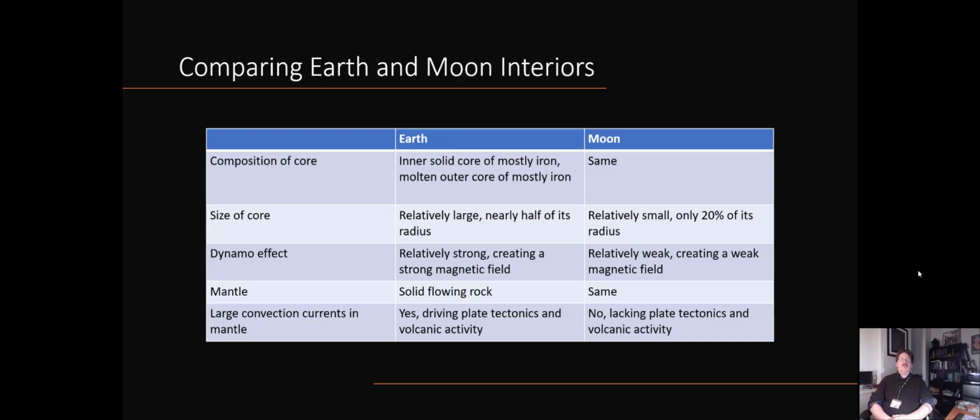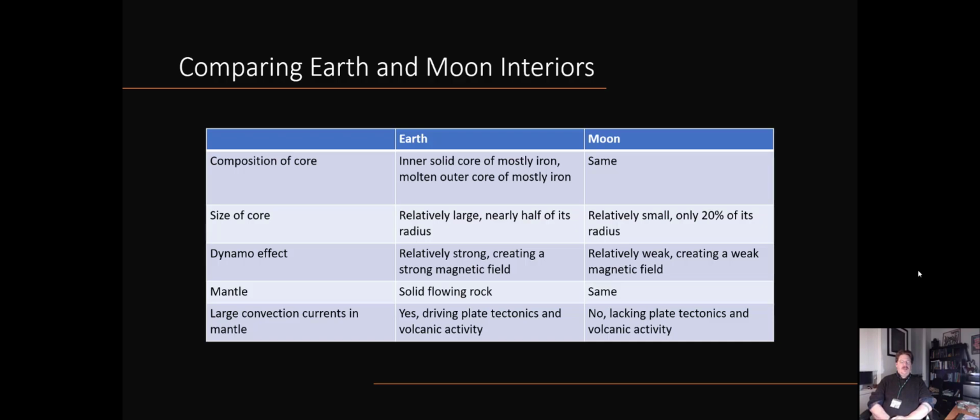For the Earth, we have a 24-hour day, which is fairly rapid in terms of this type of action. The moon rotates once every 27.3 days, or once every month. Venus has a far longer rotation period, and so it also has a much weaker magnetic field. But I'm getting ahead of myself.